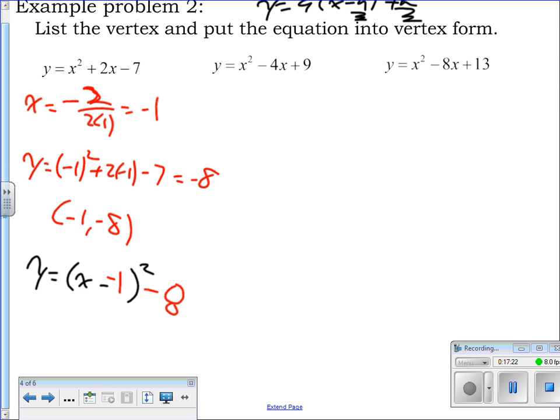To make it look prettier, y equals (x plus 1) squared minus 8. Vertex form. It's actually really easy to do if you have 1x squared.